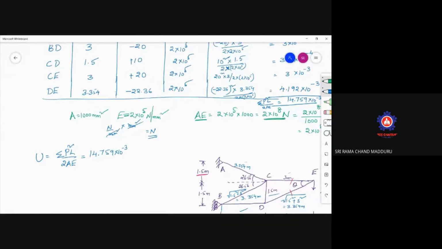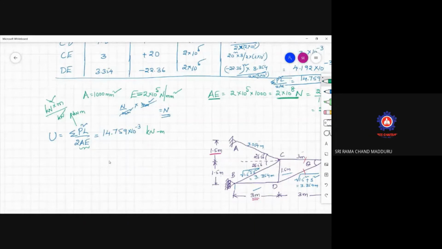We know that strain energy is equal to work done, and work is force into distance. Here the units of P square, that is force square, are kilonewton square, into length in meters, by AE in kilonewtons. So one kilonewton is cancelled and the units are kilonewton meter. So the strain energy is 14.759 into 10 power minus 3 kilonewton meter.